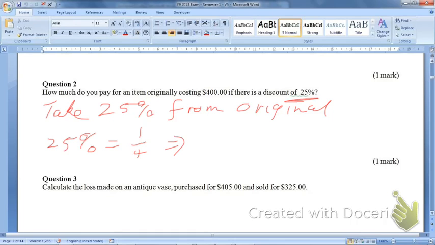So what's left is 3/4. So 3/4 of 400. 4 and 400 have a common factor of 4, and leaves us with 3 times 100. The answer is $300.